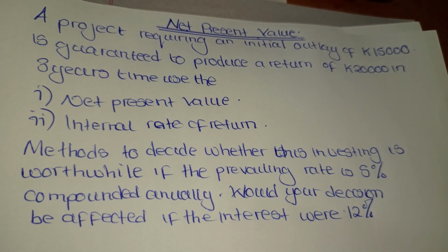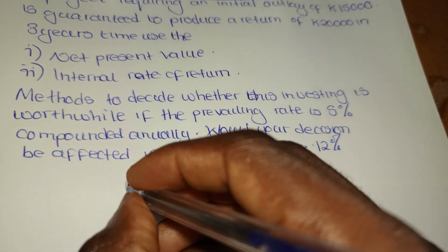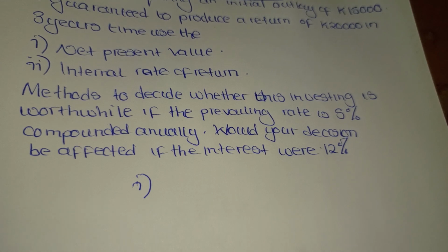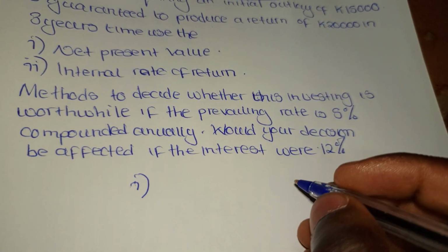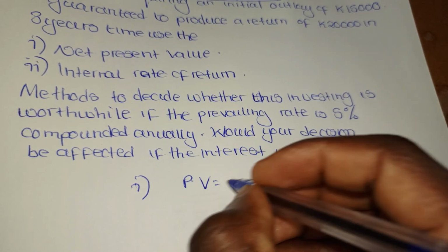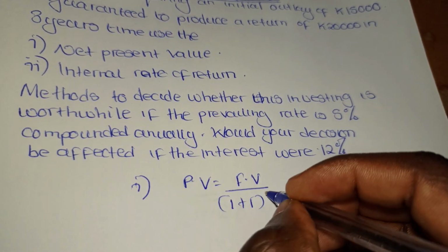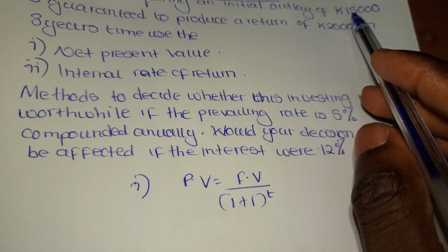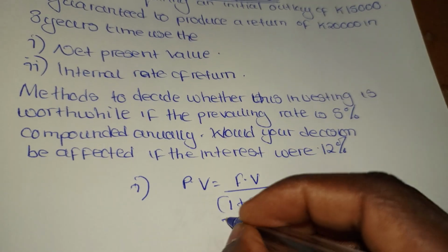So here we first calculate the net present value. For this question it is very simple. We will go directly to present value is equal to future value over 1 plus r to the power t. Remember, we are interested in converting the 15,000 to the present value.